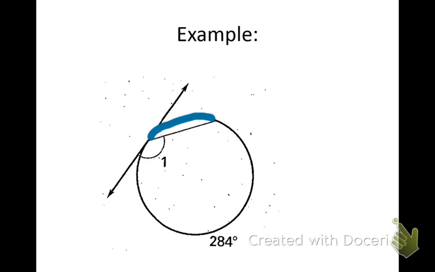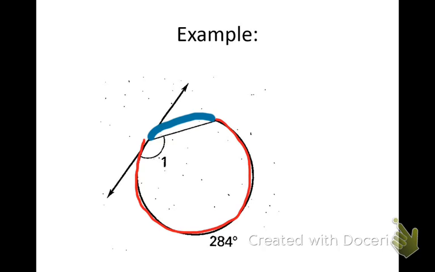But this still fits the definition: it's cut off by, it's made by a chord and a tangent. Here's the chord and we have the tangent.